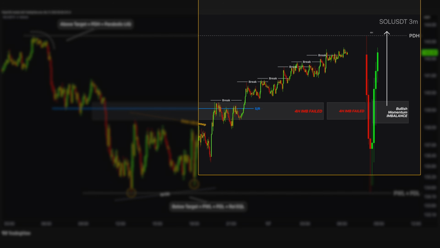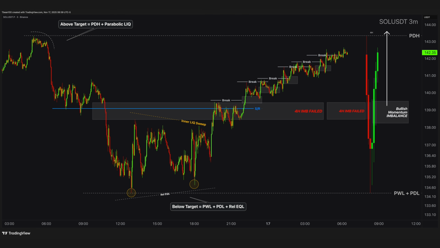Then this happens. When you look at the structure, you can see it making new breaks one after another, pushing higher toward the target, which is previous day's high. This gives you endless small imbalances inside to move, letting you take quick little trades along the way.